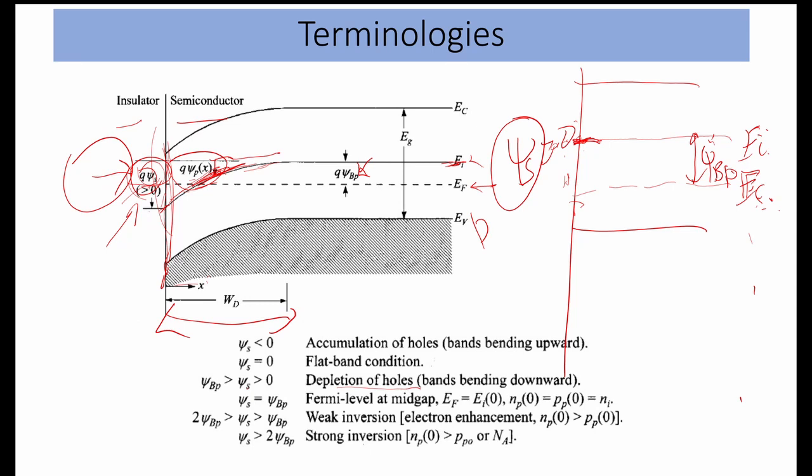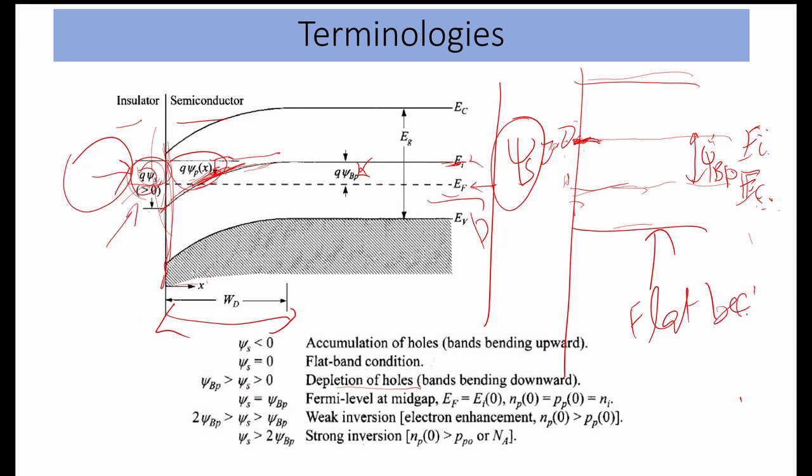In this case we have assumed that the metal work function and the semiconductor work function are both equal, so there won't be any difference at equilibrium. So when we join the semiconductor, metal and oxide, there is no bending, so this is the flat band condition.